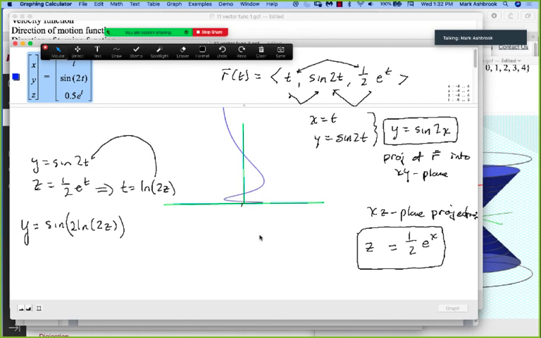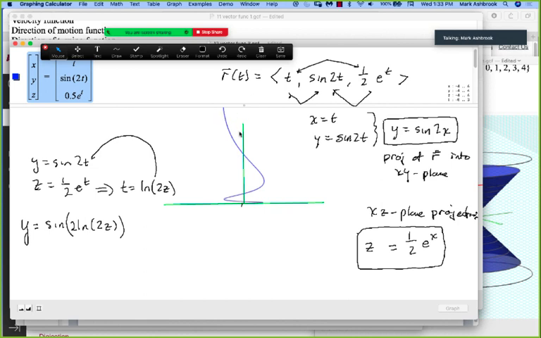It's going to be this thing that oscillates like a sine curve, but the period's going to keep decreasing and decreasing. Down here by the xy plane, it's going to oscillate really fast. And then as z increases, your period's going to get bigger and bigger, so that it's sweeping longer and longer without oscillating.